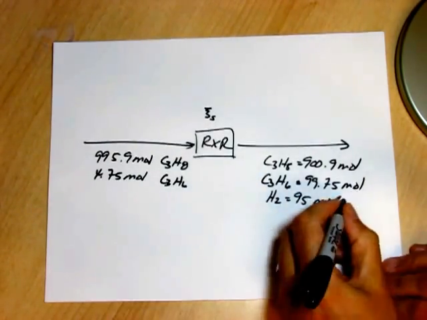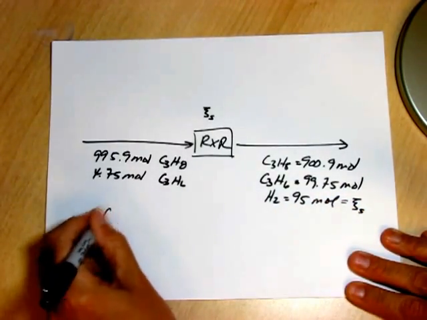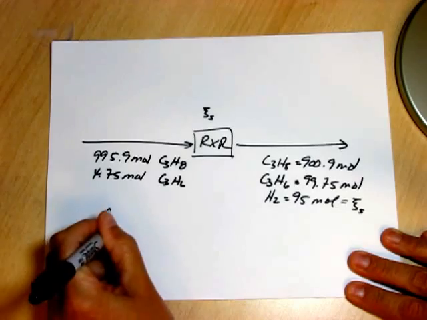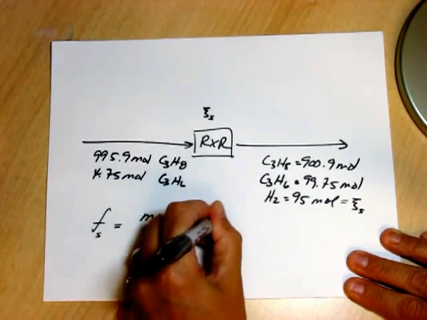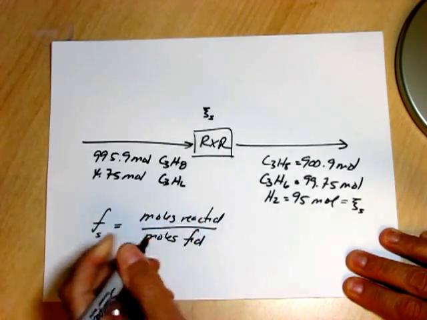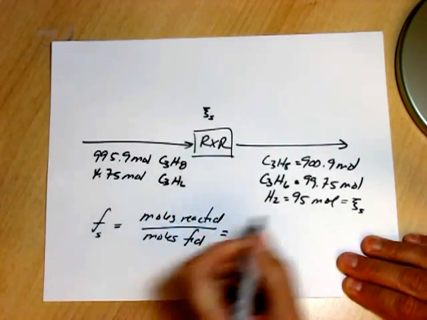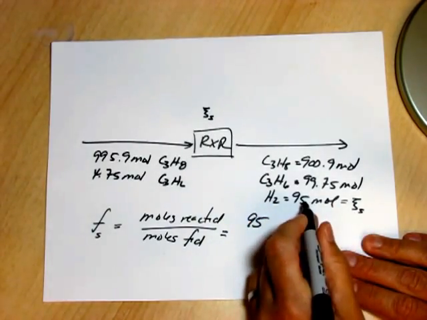So this is equal to the single pass extent of reaction, and the single pass fractional conversion is equal to moles reacted over moles fed. The moles reacted is again equal to that single pass extent of reaction.